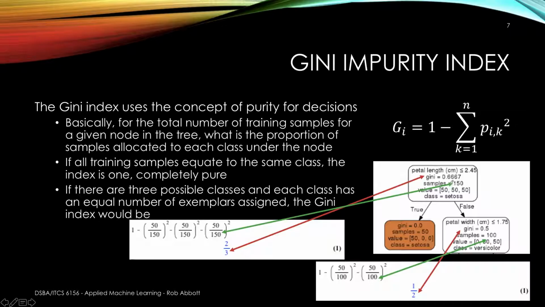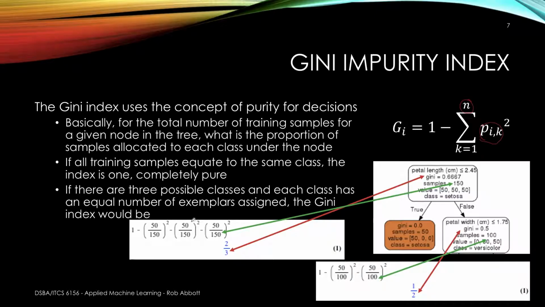So in terms of impurity at the top level, I've got 150 samples, 50 in each of the 3 classes. When I compute this formula up here for the Gini impurity index, once again, I'm using the probability of any one of these samples being in a class squared, summing these up over the number of classes, and subtracting it from 1.